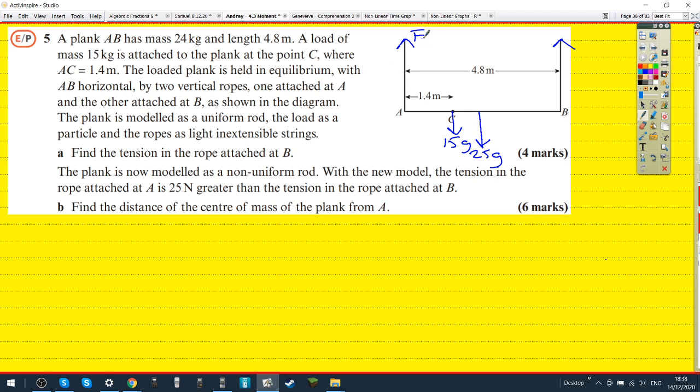So you have tension in A, tension in B. Do I need to add the two, 15 and 25 together? And that'll give me 40.